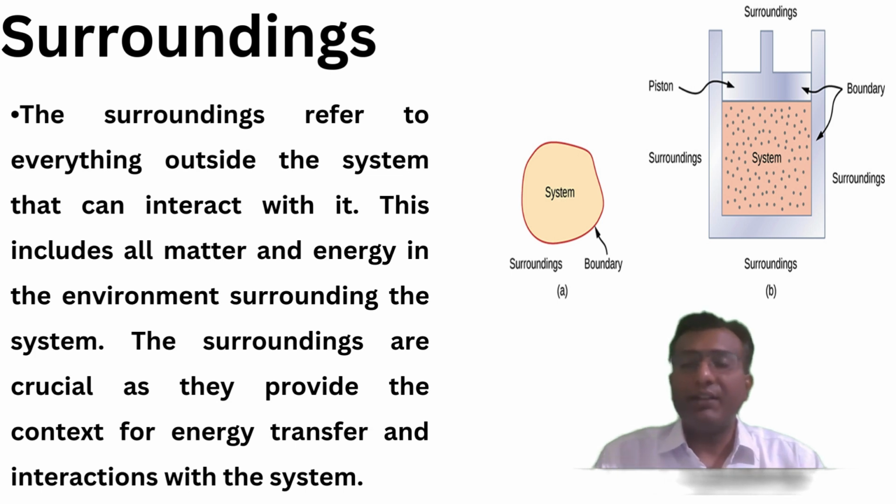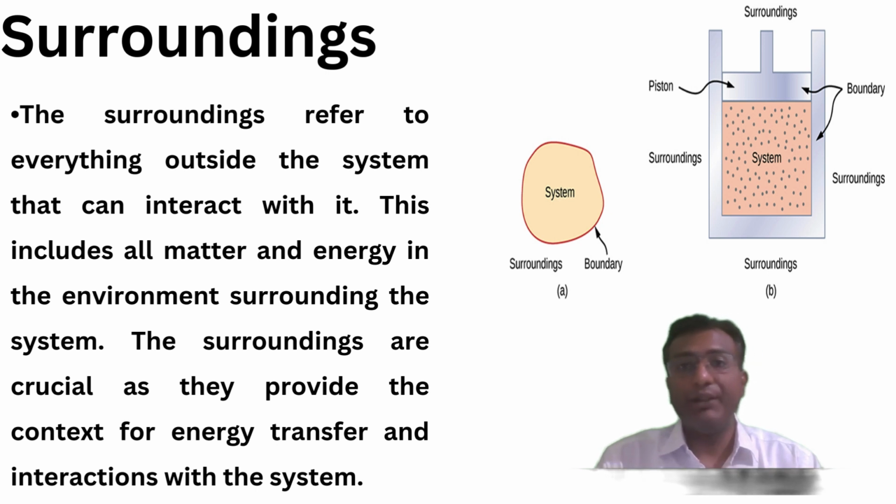Now, to understand the surroundings: they include everything that interacts with the system. Depending on the system type, the surroundings can transfer heat, work, or matter into or out of the system.